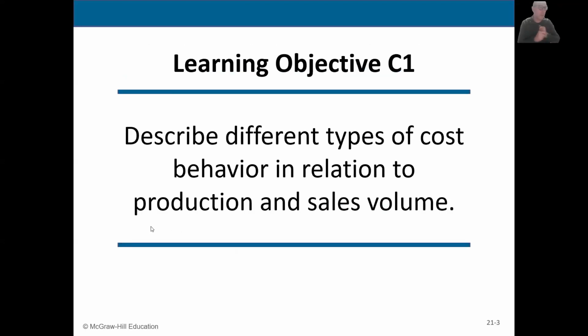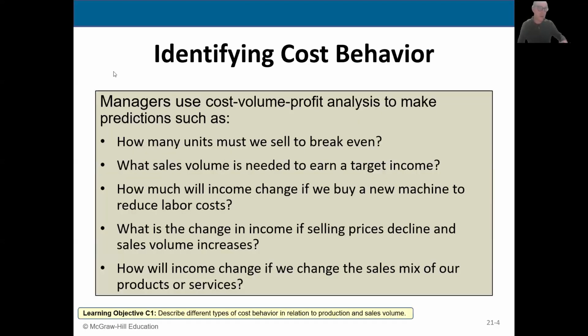So when we talk about setting sales prices, we also discuss what we call sales volume. Sales volumes are related to the number of units that we expect to sell, right? And so being able to set the pricing is related to how many units we expect to sell. We need to know how many units we need to sell to break even.